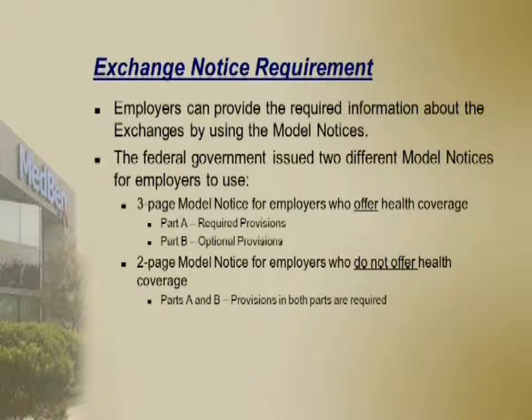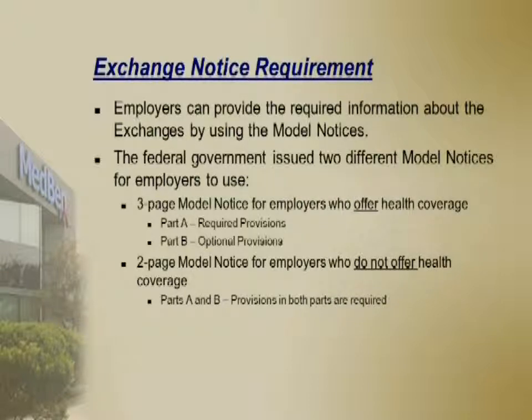Again, the notice has to go to all employees, not all people who are eligible for coverage under your plan, or all full-time employees or all part-time employees, all employees. Unfortunately, this is the mechanism that the law is using to describe to all U.S. citizens, primarily employees, to give them information about the existence of exchanges. There isn't going to be a huge federal email blast or a huge federal mailing where we send information out.